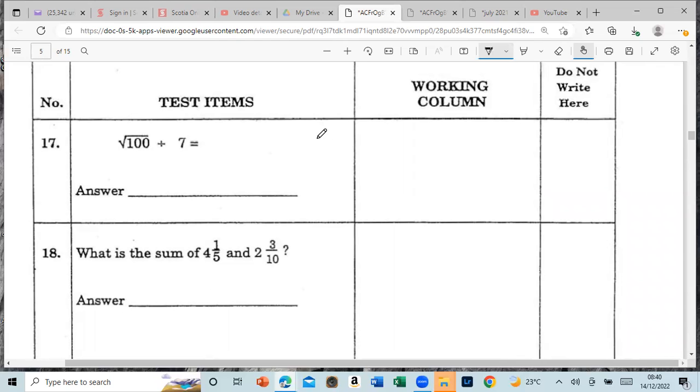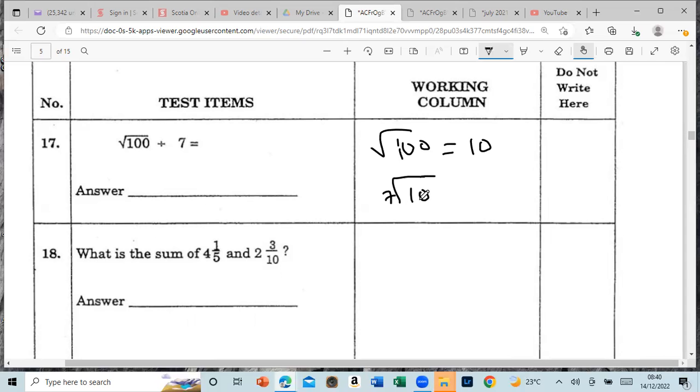Alright, the square root of 100 means what number multiplied by itself to be 100. And that would be 10. Alright, so then we're going to say now what is 10 divided by 7. 7 into 1 you can't, so that's 0. 7 into 10 goes 1 time.